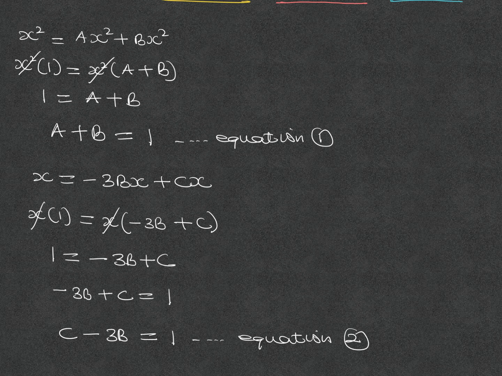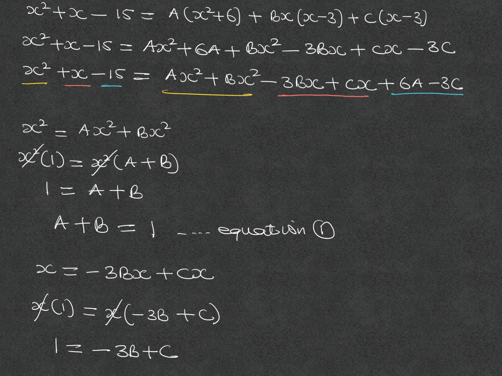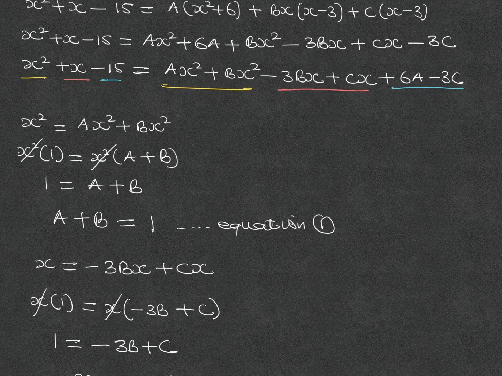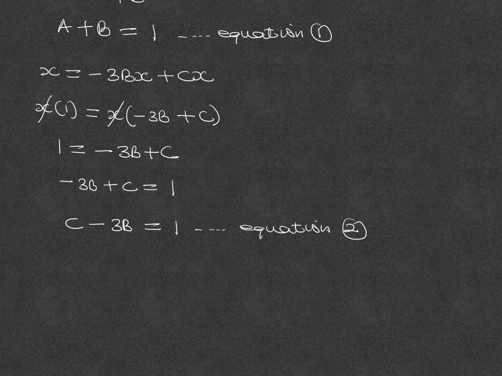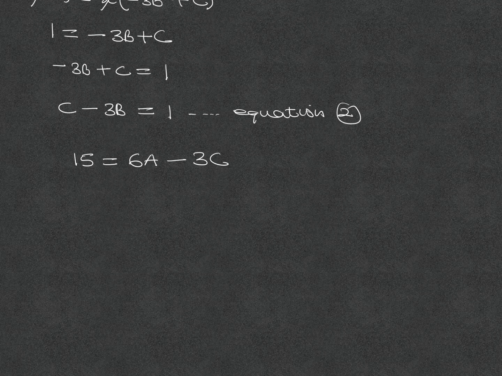Okay, so moving on, we will have this constant value minus 15 to be equal to plus 6a minus 3c. So 15 is equal to 6a minus 3c. So what can we do with this? We can factorize 3 out. Is possible, right? So that will be 3 into 5 is equal to 3 into 2a minus c. Is that correct?